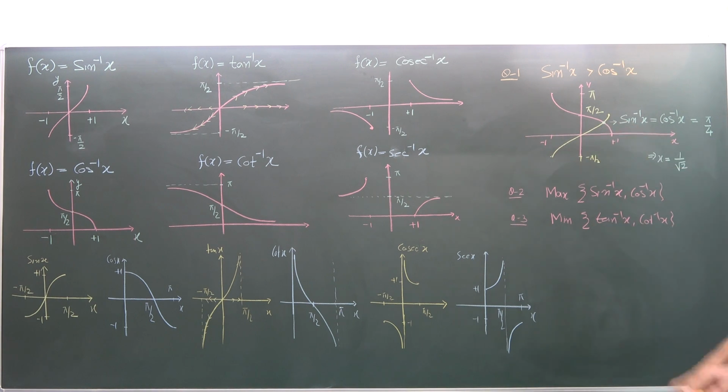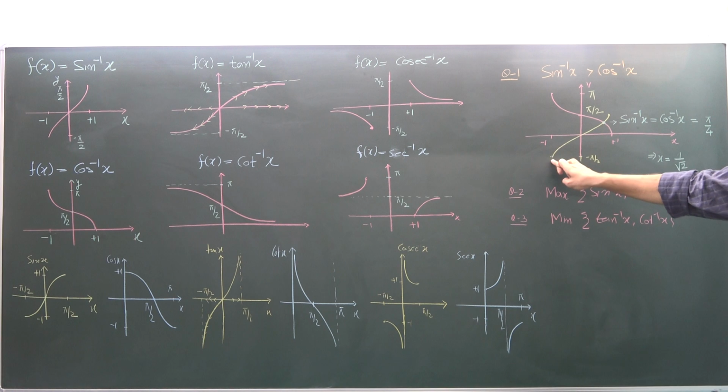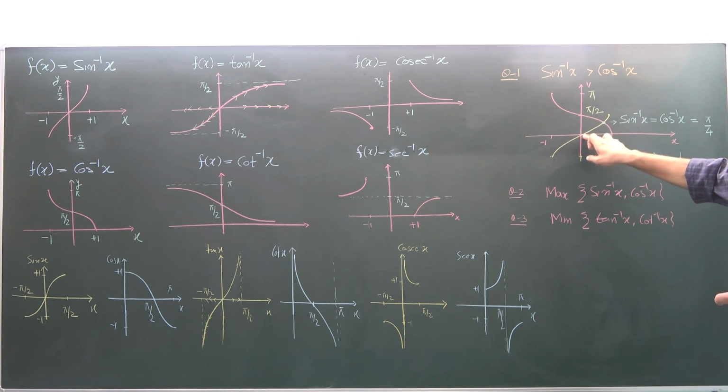At their point of intersection, their y coordinates are equal, which means sin inverse x equals cos inverse x. The graph is symmetrical, increasing from minus 1 to 1, meaning minus π by 2 to π by 2. This cos inverse x is decreasing symmetrically from π to 0. The only reasonable solution is the midpoint, meaning 0 to π by 2, midpoint π by 4, which gives us x equals 1 by root 2.